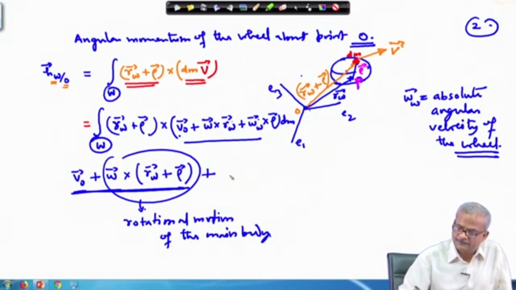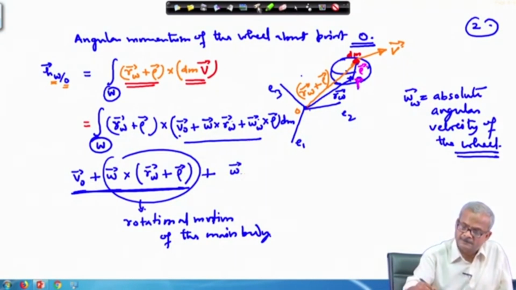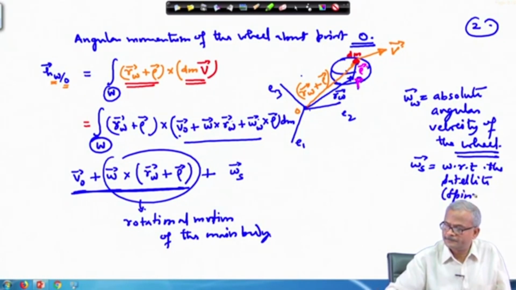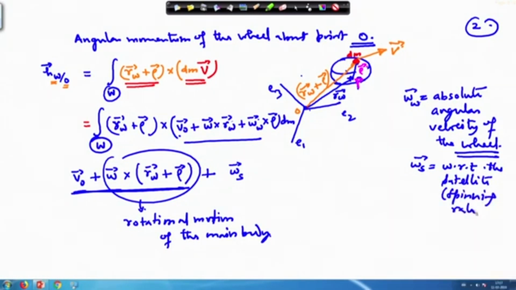Okay. So, if we have the spinning rate of the wheel, we write it as omega s, which is with respect to the satellite, this spinning rate of the wheel. Okay. So, omega s cross rho.